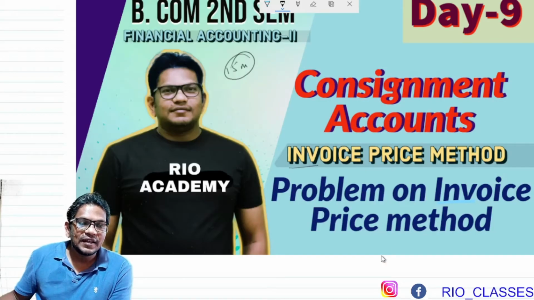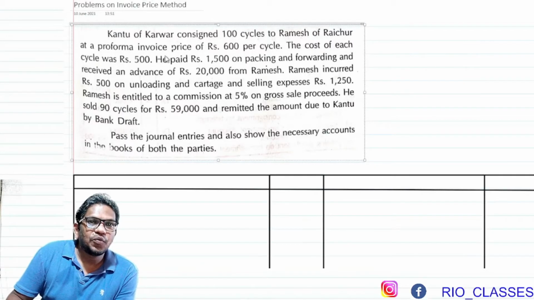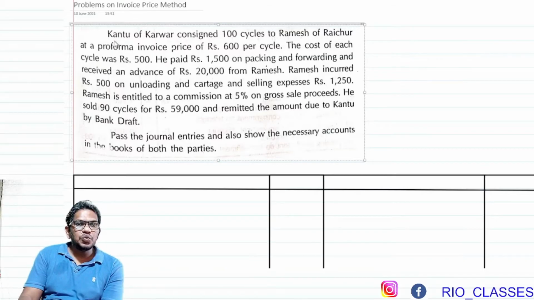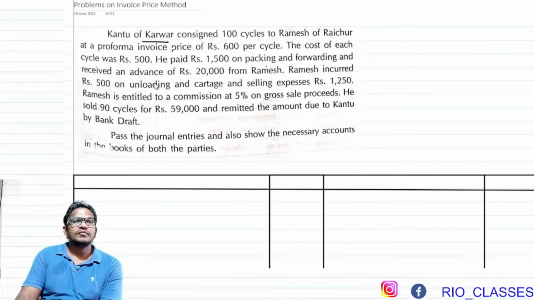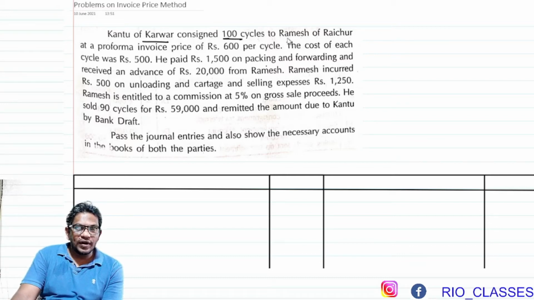Let's start now. Here is problem number 1. Kantu of Karwar consigned 100 cycles to Ramesh of Raichur at a pro forma invoice price of 600 per cycle.